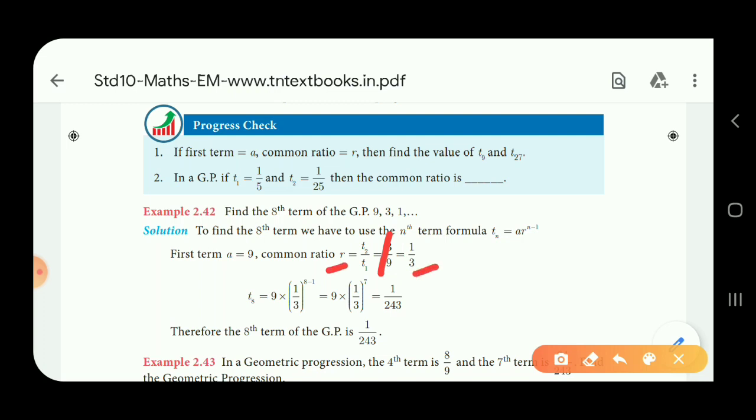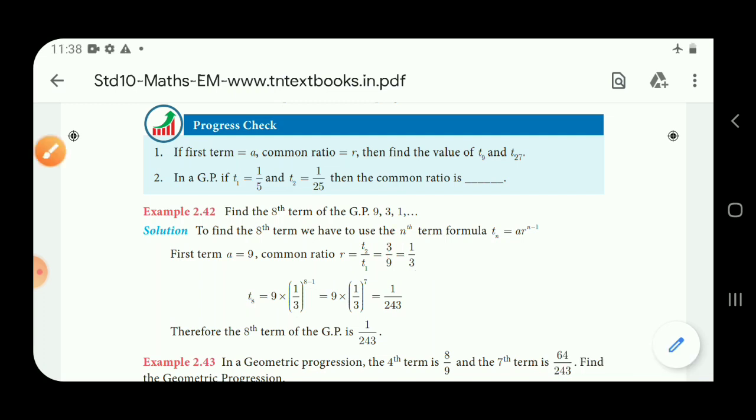Now use the formula for Tn with n equal to 8: a is 9 into r is 1 by 3, whole power n minus 1, that is 8 minus 1, which is 7.